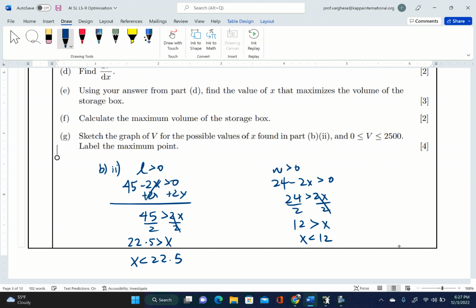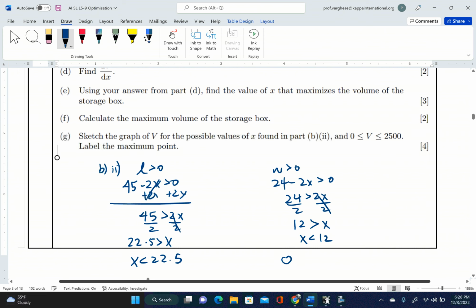Okay, so if I combine this together, x is less than 22.5 and x has to be less than 12. I can't have 13 because 13 is not less than 12. So I know that my values for x, my dimensions of the box, can be between 0, but it cannot include 0.